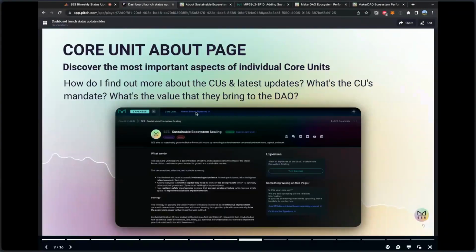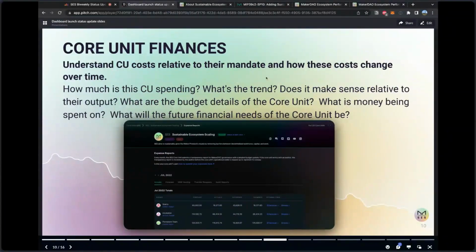Now, maybe most anticipated here, or most acutely needed within the DAO, is this notion of core unit finances. What we hope this page enables is for stakeholders to understand core unit costs relative to their mandate and how these costs are changing over time.